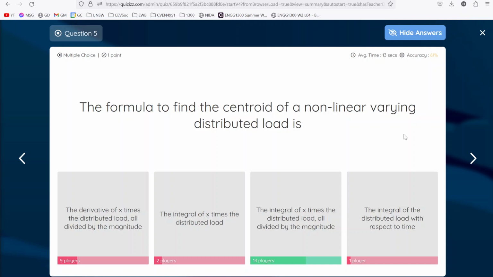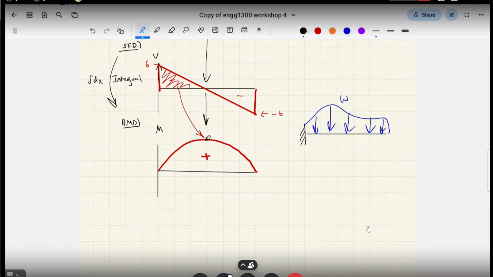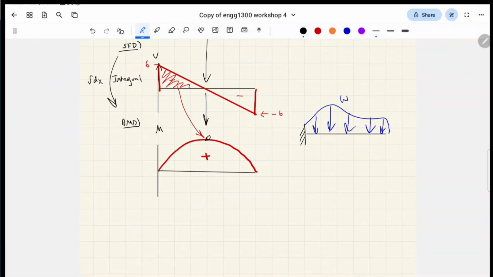So yeah, for our nonlinear varying distributed load here, this whole distributed load can basically be summarized with the magnitude, right? Which is what we were talking about before and what the formula in the lectures was describing. But what we're saying for the centroid is pretty much this, which is the center of area of this shape.